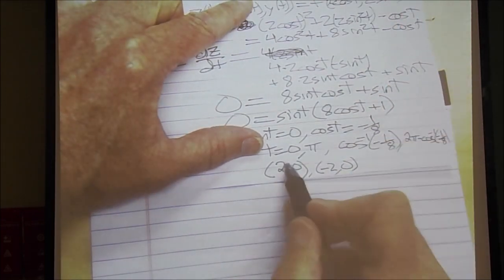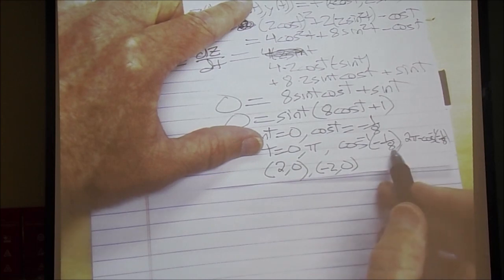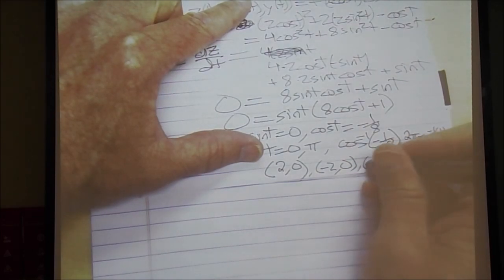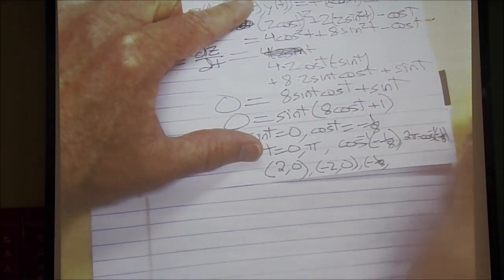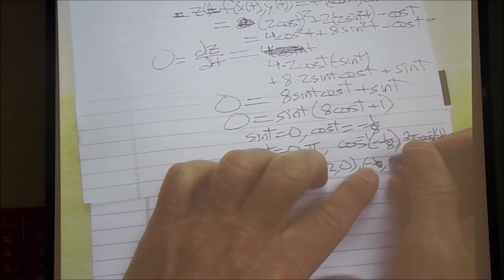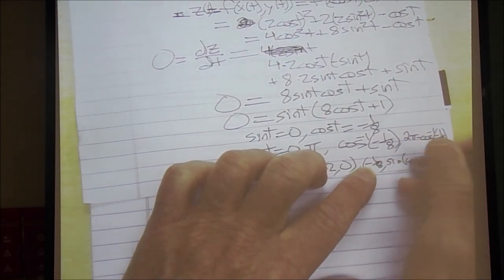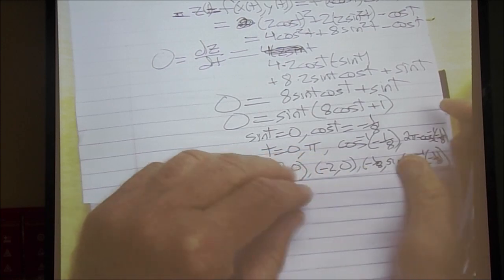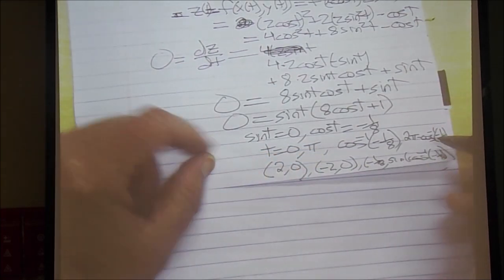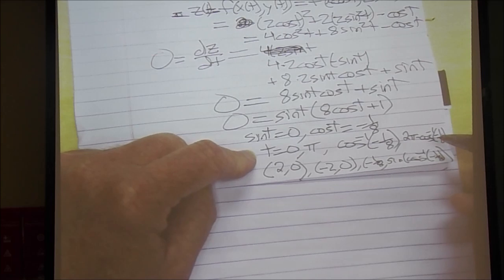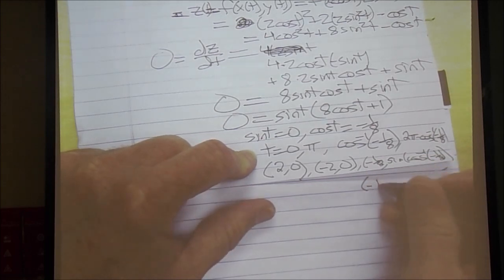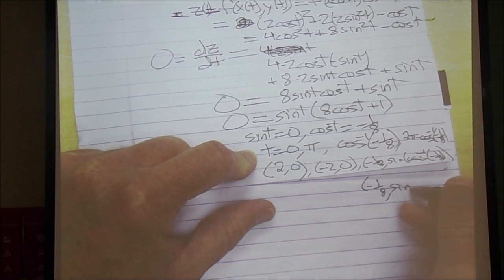So there are those 2 points for 0 and pi, and then for arc cosine of minus an eighth, you get 2 cosine of arc cosine of minus an eighth, which is minus an eighth, and the sine of the arc cosine of minus an eighth. And then you have the one more point, 2 pi minus that, which gives the same cosine and minus the sine.